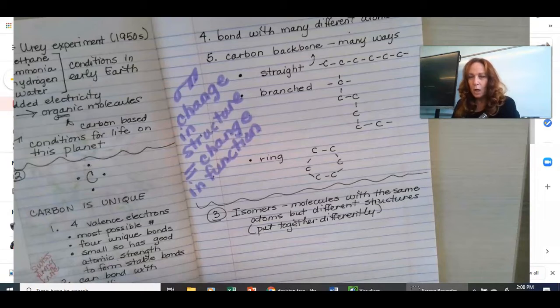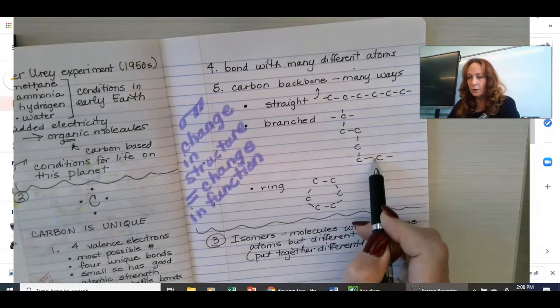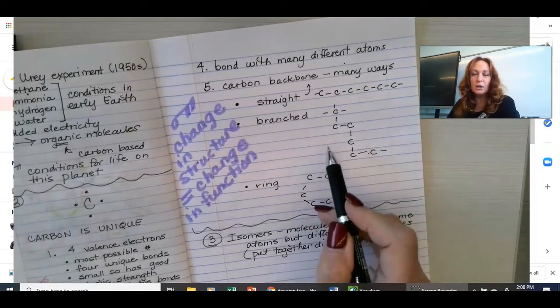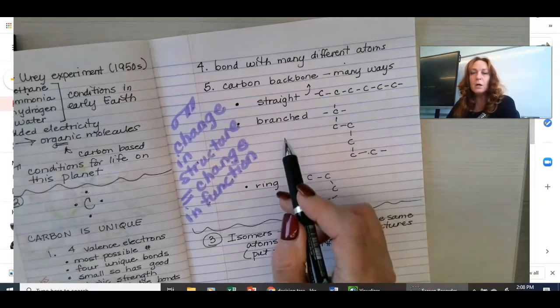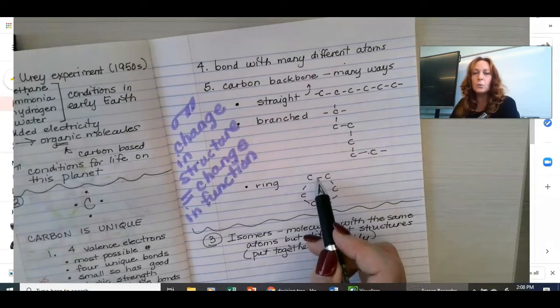So when you start talking about glucose, there are isomer forms of glucose. Are they different? Well, they're all C6H12O6, if that's what you're asking. But when they're put together differently, there's a reason for that. Most of the time it's branched. It can be in what's called a chair. But when it goes into water, it becomes a ring.